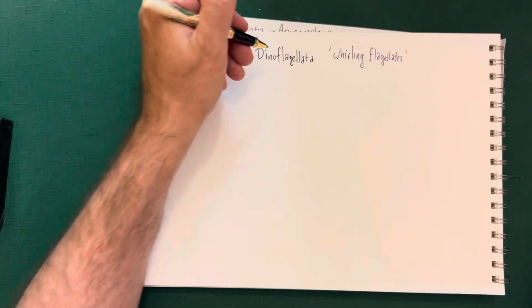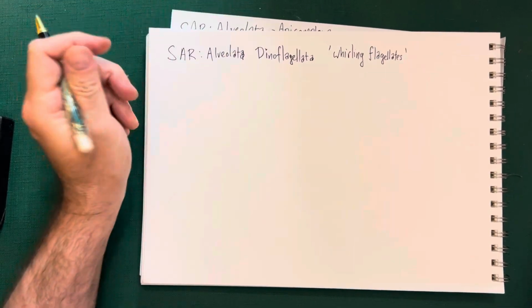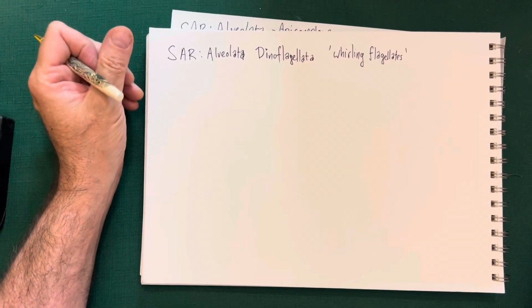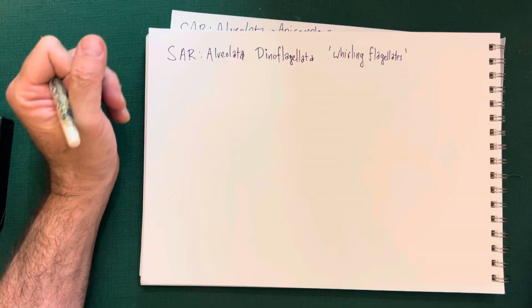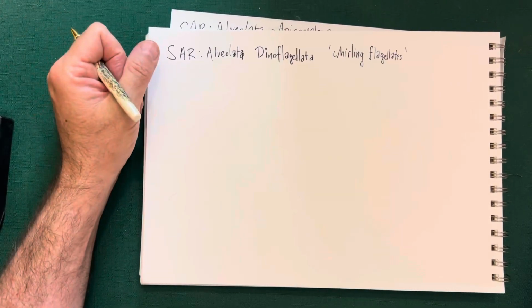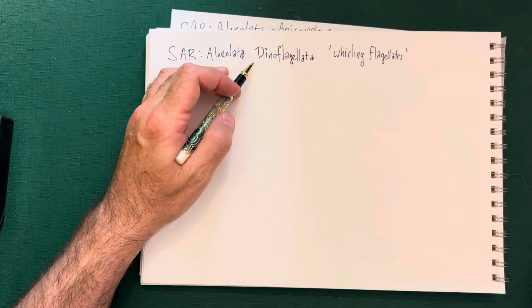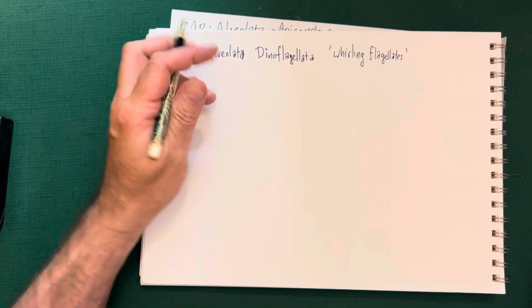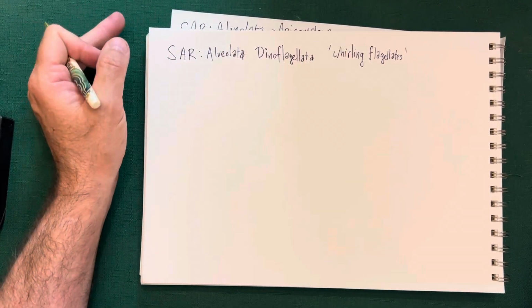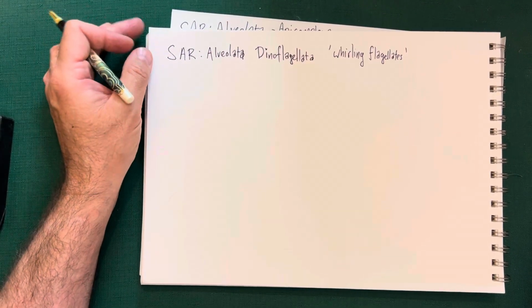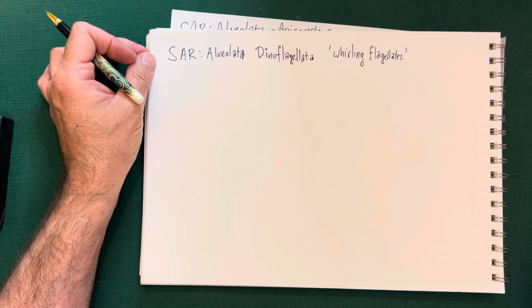And dino, you might think, oh, like a dinosaur? No. As it turns out, dinosaur means thunder lizard. Dinoflagellata comes to us from a different Greek word root that means whirling or spinning. And you'll see why once we draw our dinoflagellate.